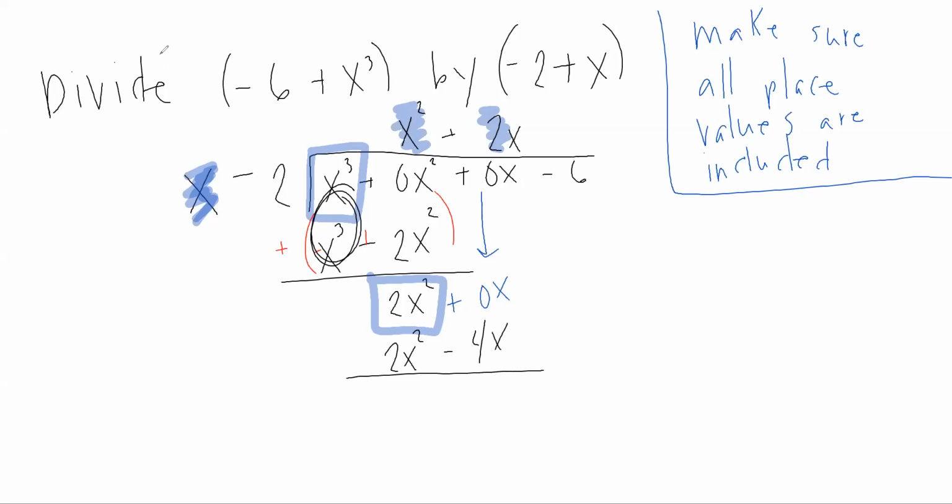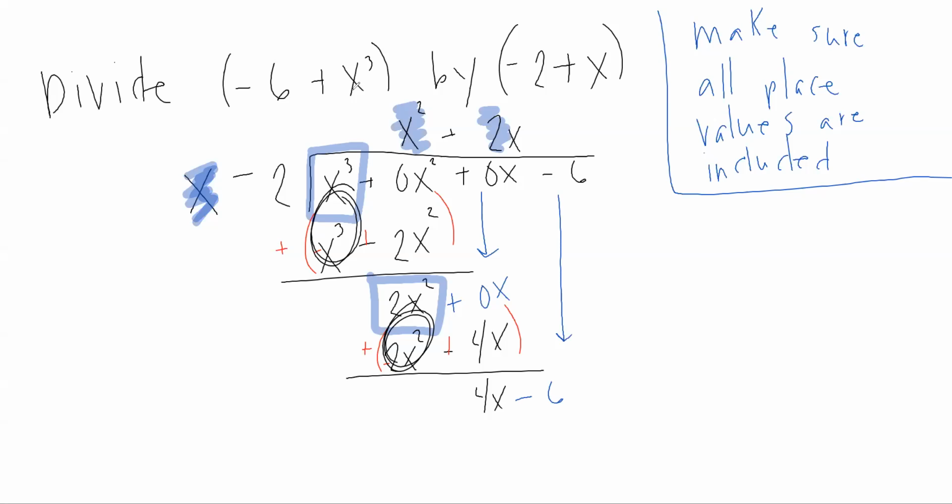And we are going to remember to parenthesize, subtract, which changes all of the signs inside that second polynomial. Add them up. So here I'm going to have a 4x. This should cancel. There's my 0. So what I'm going to do now is bring down the -6.